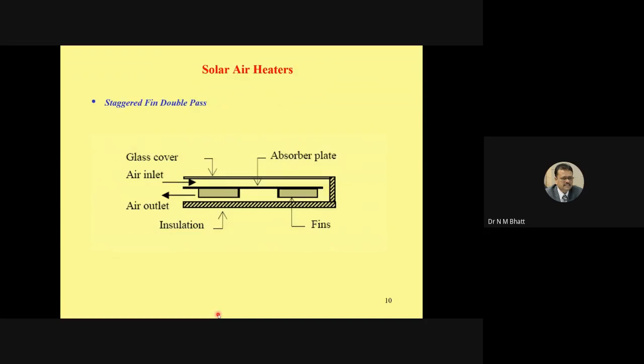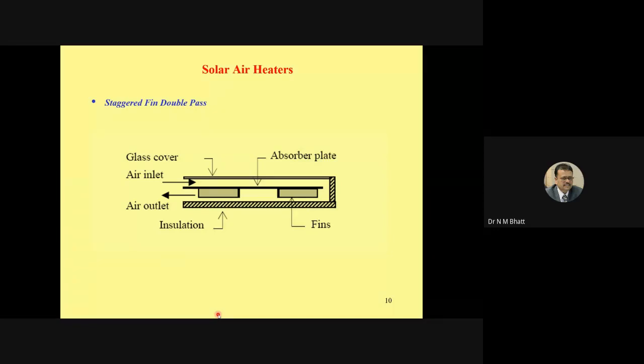Now this paragraph you can refer from standard available literature. I have included not all, but these next few slides are to tell you what are the various methods to improve the efficiency of solar air heaters, the flat bed type solar air heater.